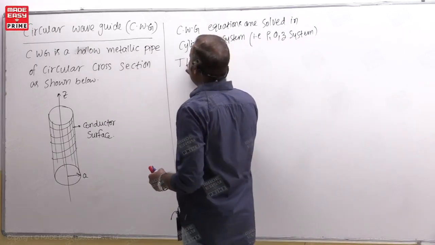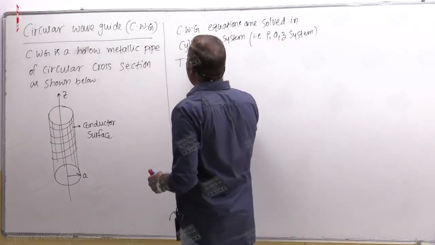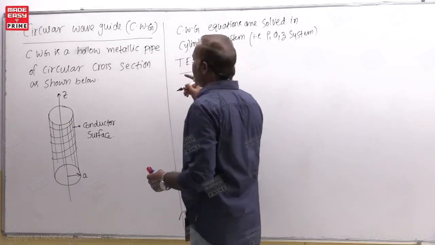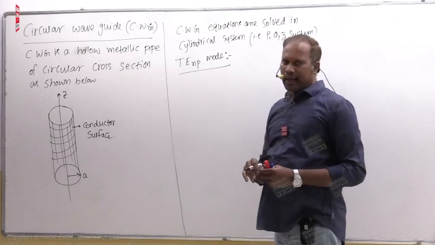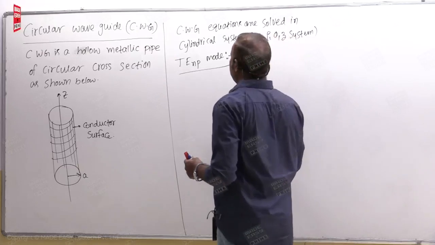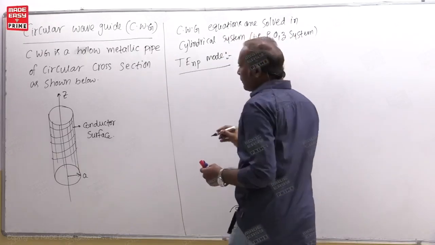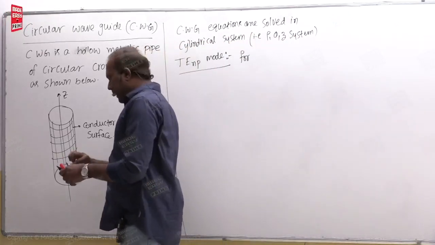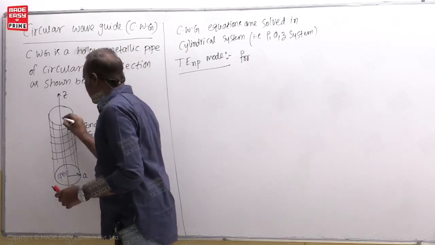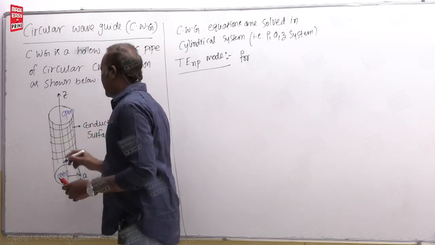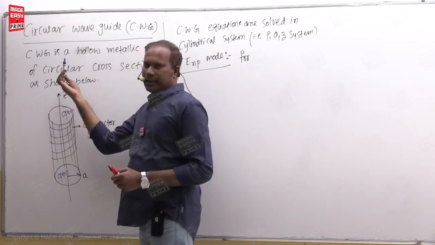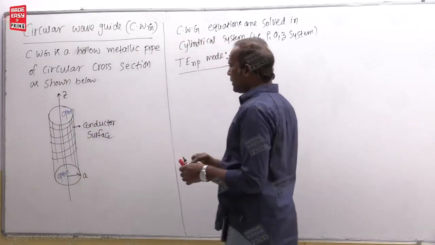So here we say TE NP modes. Here N is an integer, P is an integer. Like that it is used, NP modes. So here this end is open end, this is also open end. The open ends are in the z direction, so the wave travels in the z direction.